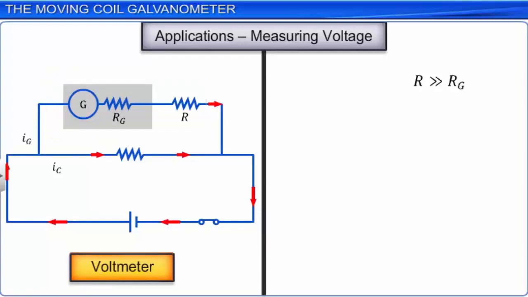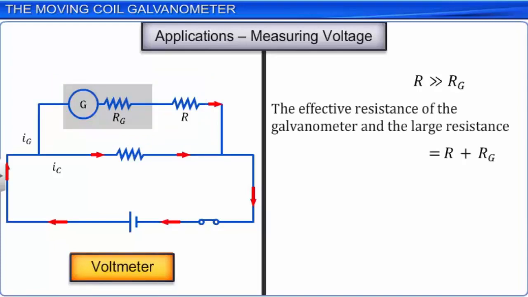The effective resistance of the galvanometer and the large resistance is equal to R plus Rg. As the resistance R is very much greater than the resistance of the galvanometer, Rg, the effective resistance is approximately equal to R. Hence, a galvanometer can be converted into a voltmeter by connecting a large resistance in series. The voltmeter is calibrated and graduated on the scale according to the voltage sensitivity.